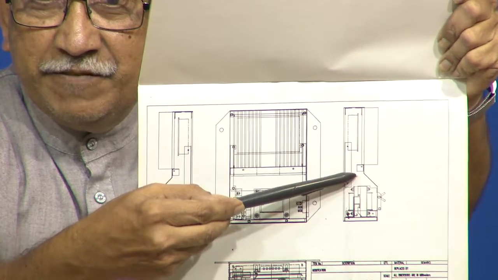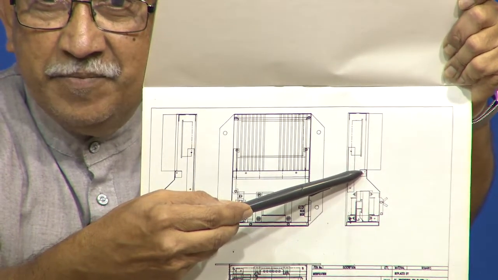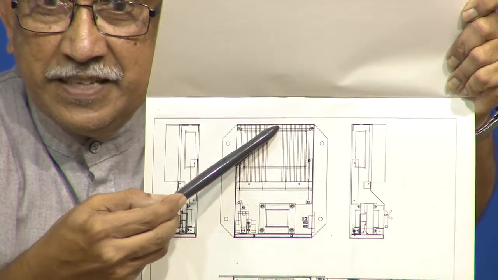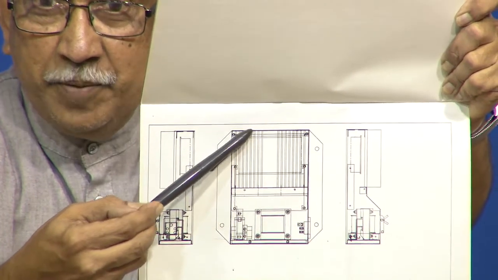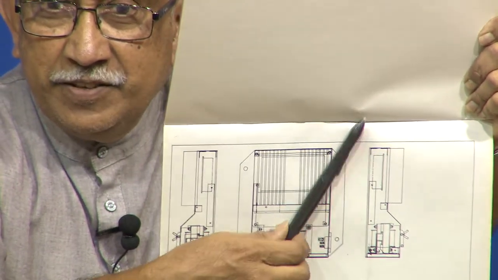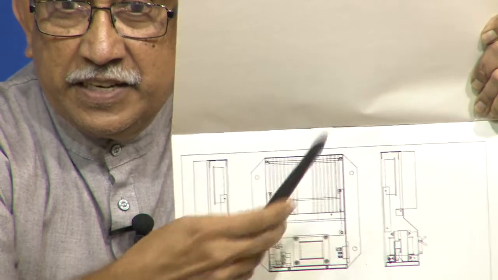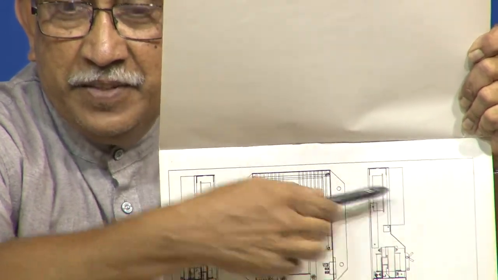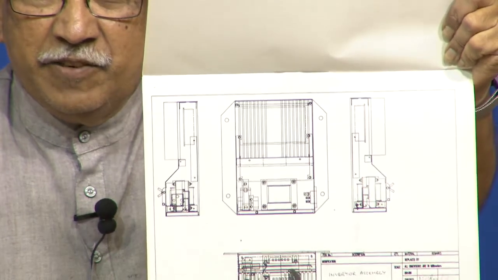Other features are, there is a small hinge here. In case you want any repair, you can open these two screws on the top and hinge it out. This vertical part hinges out, comes out this way, and then you can plug it out and continue with your work.